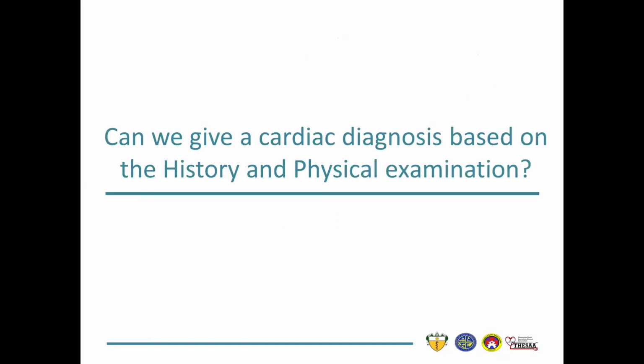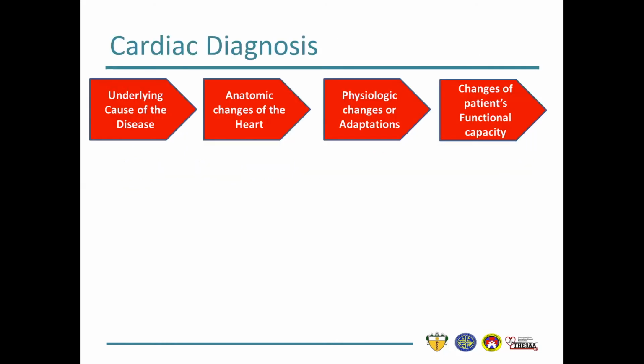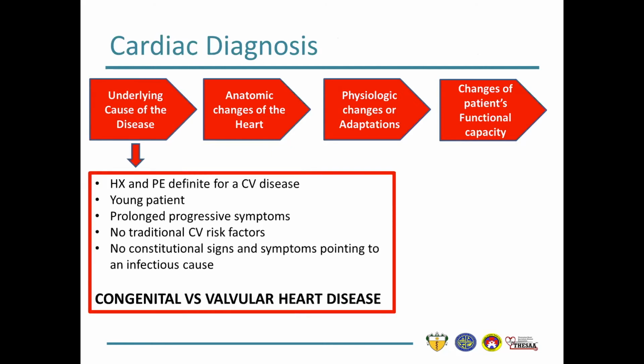Can we give a cardiac diagnosis based on the history and physical examination of the patient? Definitely we can. So we now look at the different components of cardiac diagnosis. First, the underlying cause of the disease. This patient has a history and physical examination that is definitely of cardiac origin. She is young.